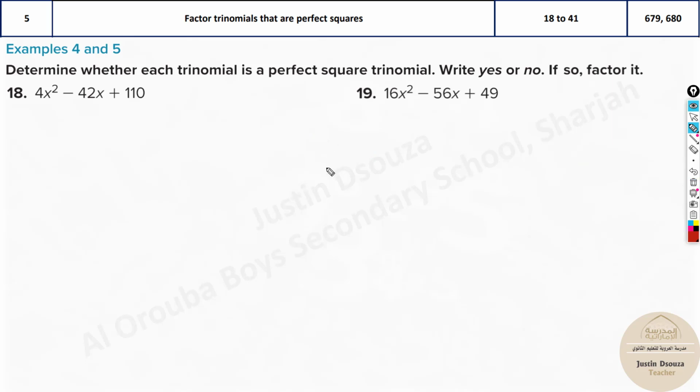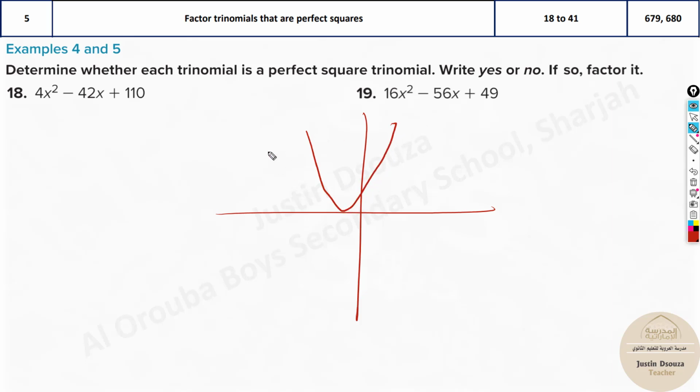Now, when it's quadratic, there are various ways to solve this, but first I'll try to make it easy and clear. This is a quadratic equation, isn't it? Now, if you draw the graph, since it's positive 4, I know the graph is opening upwards. If this is a perfect square, it will touch at only one point and then keep on going up.